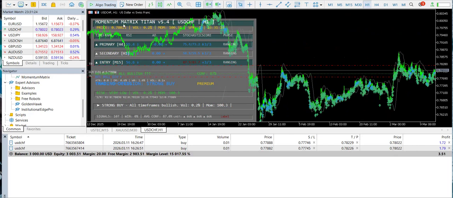And what you're looking at is a very powerful tool that helps you to make an informed decision, because this will be acting as a signal provider to you, at the same time telling you when is the time to buy or sell or the right time to enter.